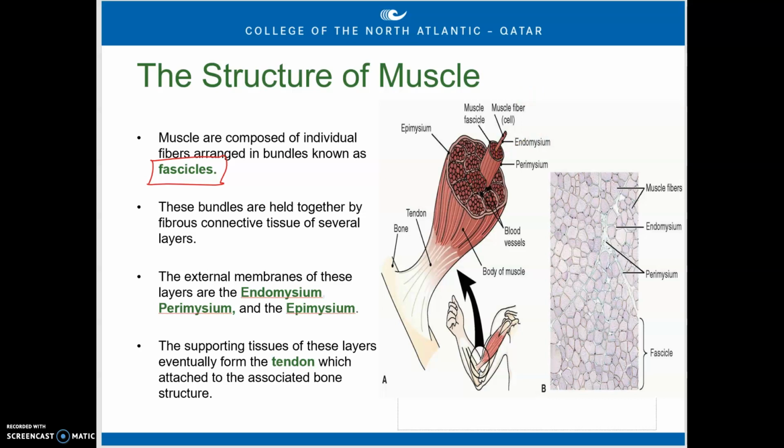The first one we have is the endomysium. Endomysium is this one right here. Now, the endomysium is going to be the one that's around a single fiber. So each fiber will have a membrane around it, which is called the endomysium. The second membrane we'll talk about is the perimysium. Now, each perimysium is going to surround a fascicle.